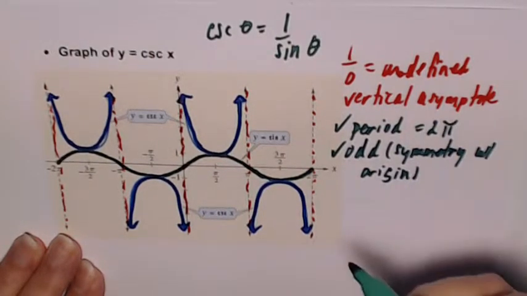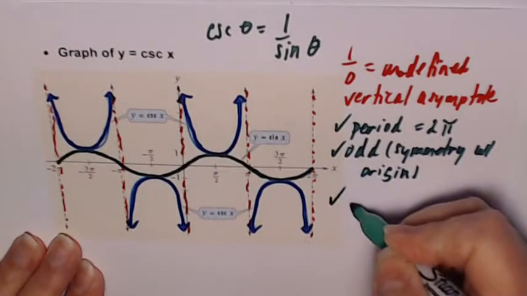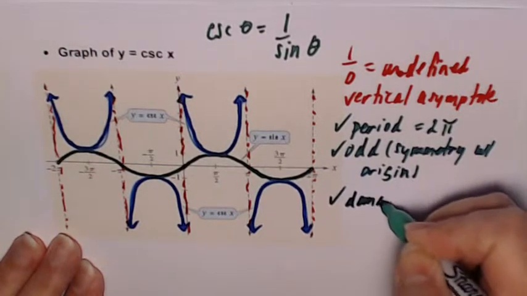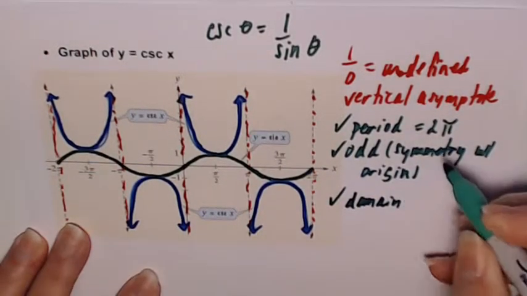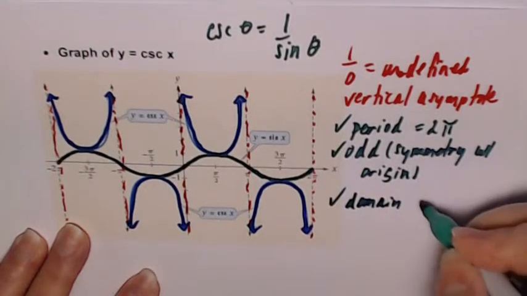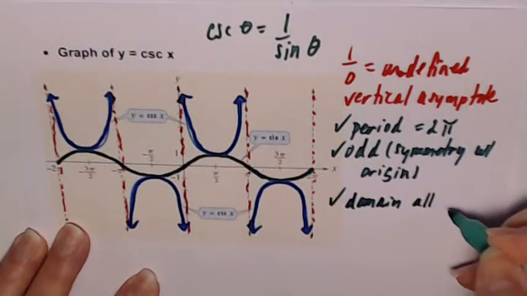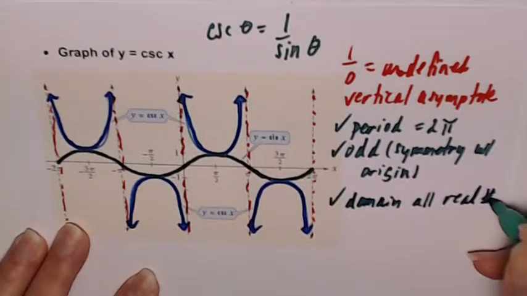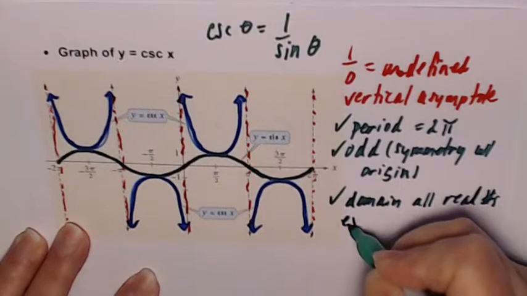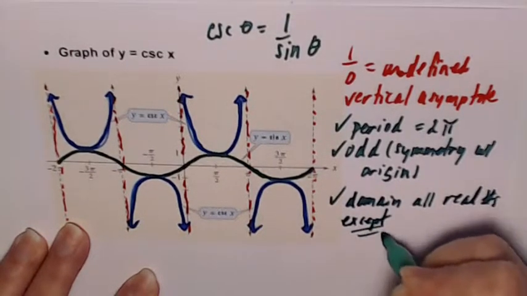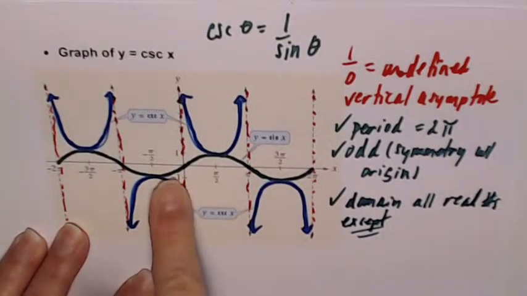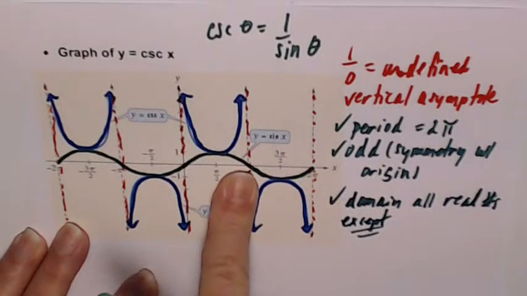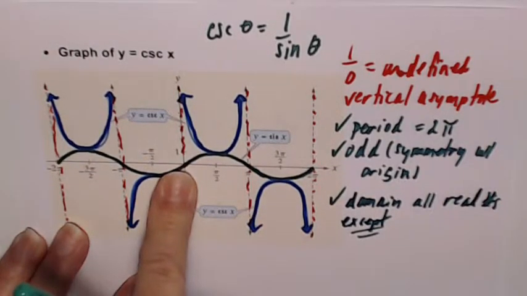Now, in terms of our domain and range, the domain for sine is all real x's, negative infinity to positive infinity. For our cosecant function, the domain is going to be all real numbers except, and we have an exception because we have these vertical asymptotes, these instances where our cosecant function is not defined and those values get kicked out of our domain.